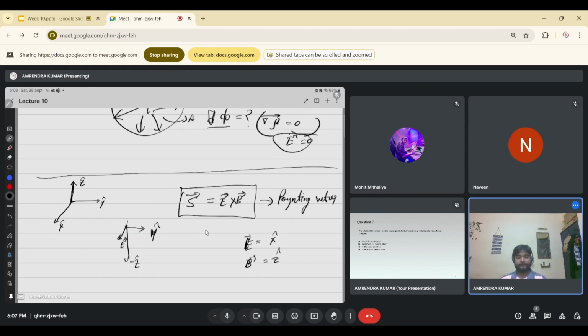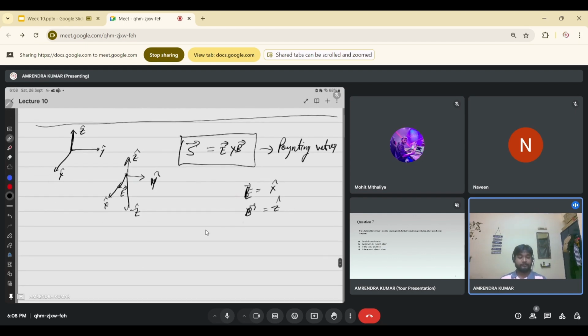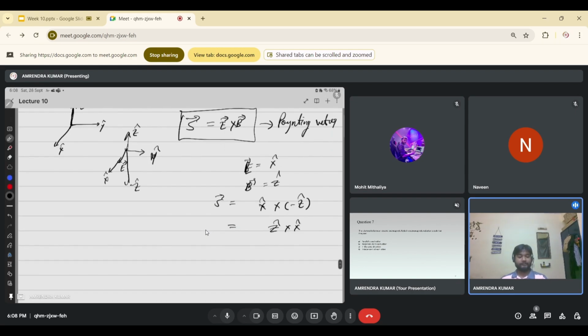So E is along x cap and B is along minus z cap, and the S vector will be x cap cross minus z cap. That is nothing but z cross x cap, because this will come first and the minus sign will disappear. In that order, S is equal to z cross x, which is y cap.